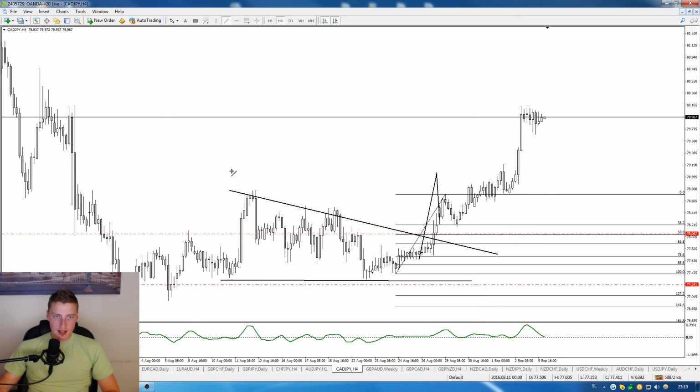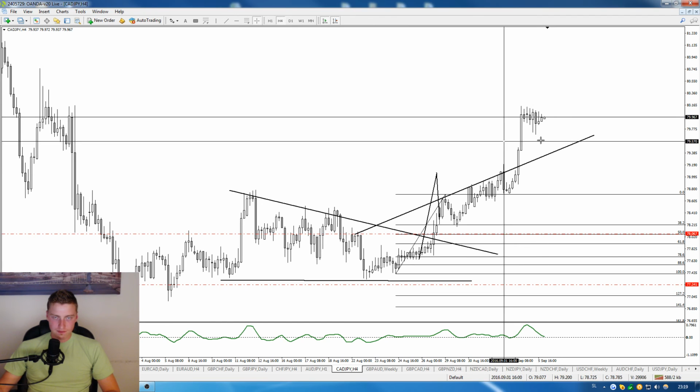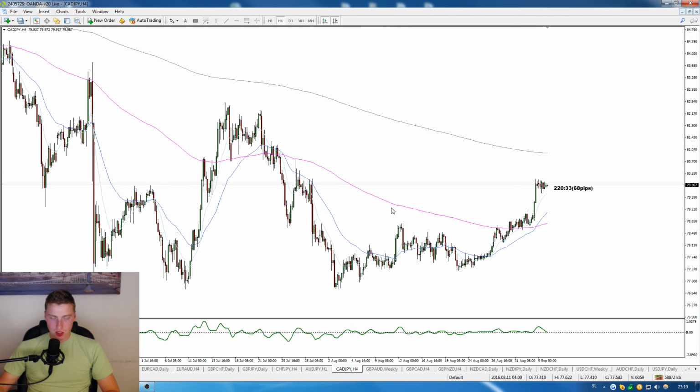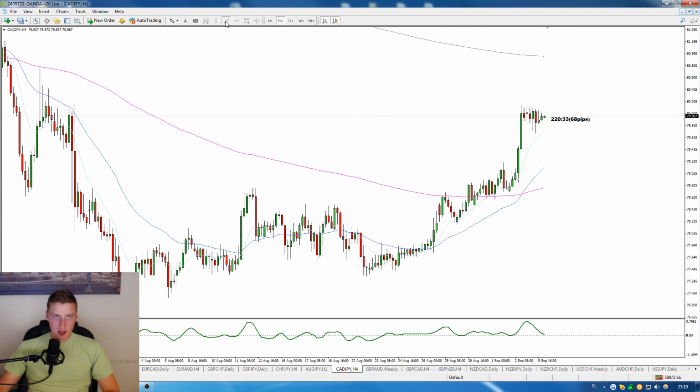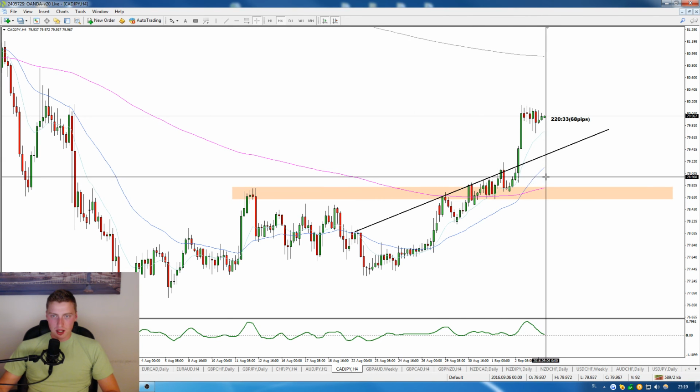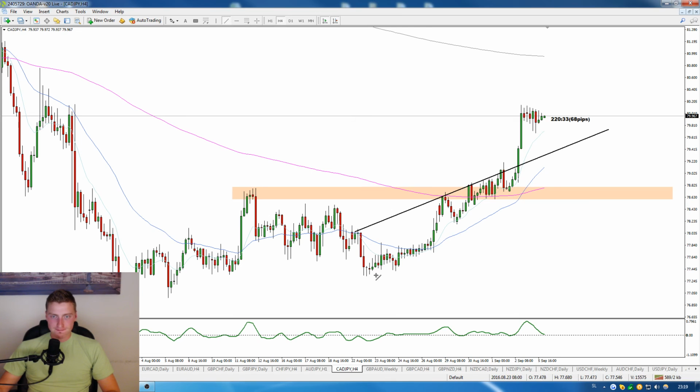Actually, we might get... oh, nice. You can see that EMA 200, yeah, this might be a valid opportunity. Sort of a resistance right here is sort of an EMA 200, long-term trend line, short-term trend line.